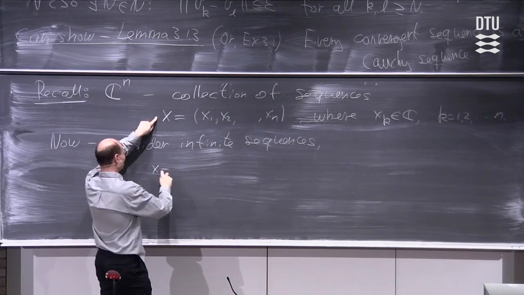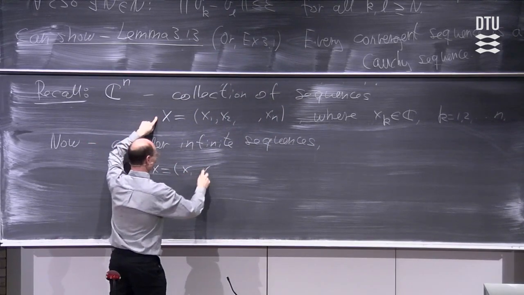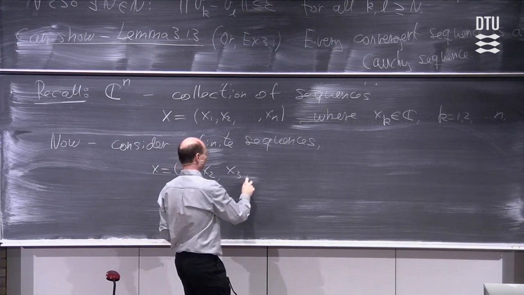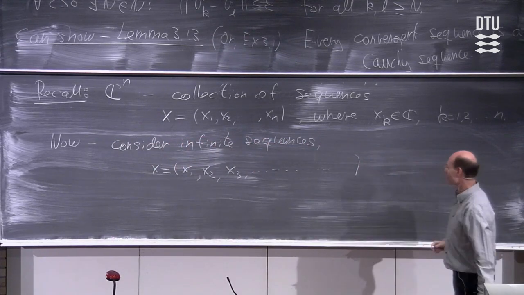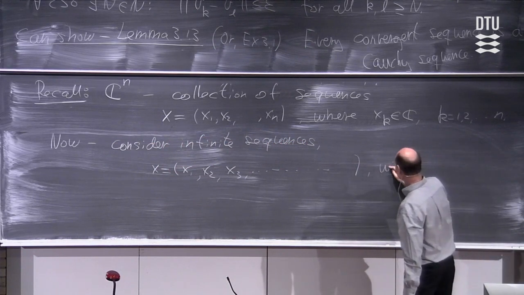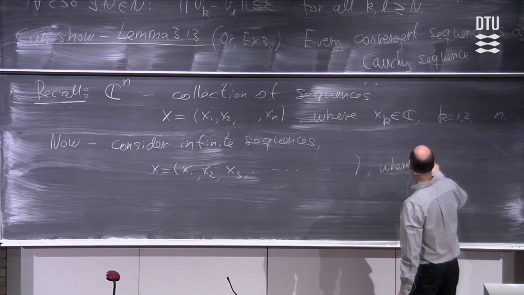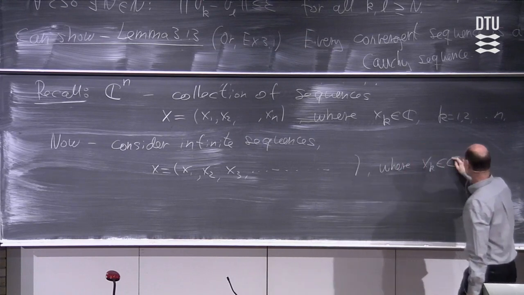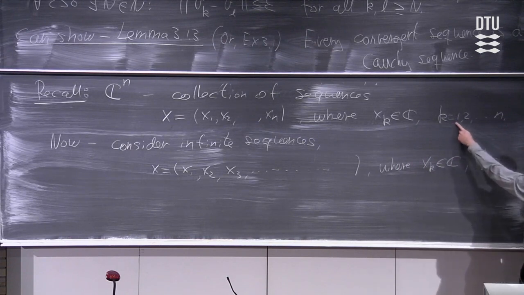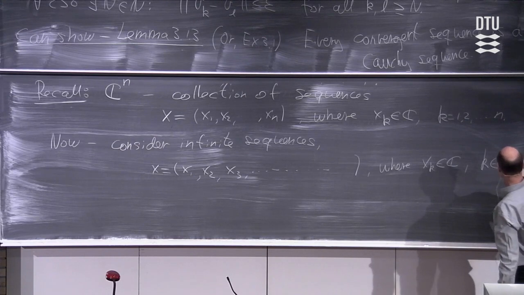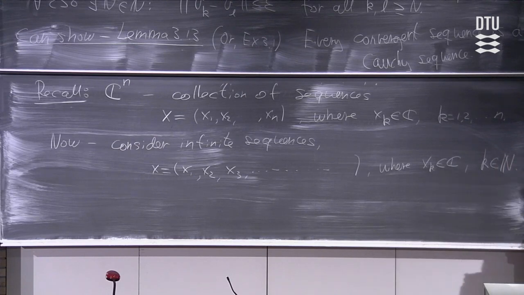We write x as x1, x2, x3, and it continues like this, where xk belongs to C, and now this should not just be for 1, 2, up to n, but for all k in the natural numbers.